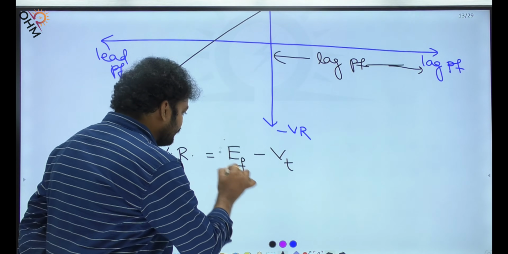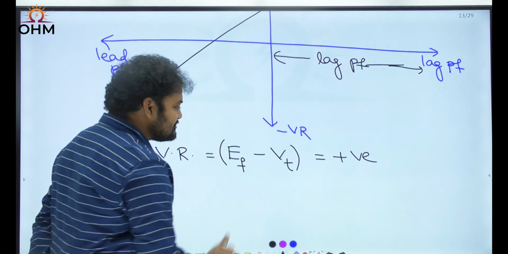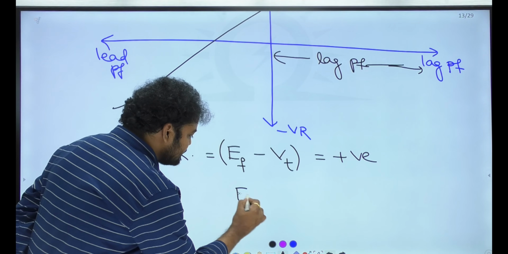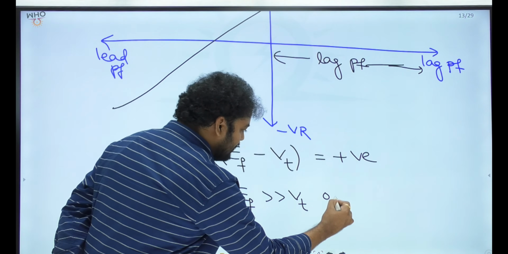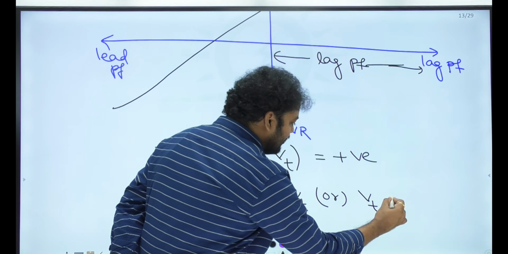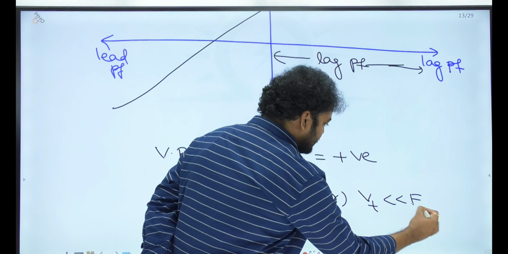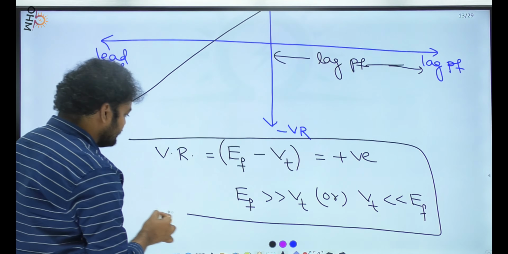When voltage regulation is positive, this difference is positive, which means EF is always greater than VT, or VT is always less than EF.